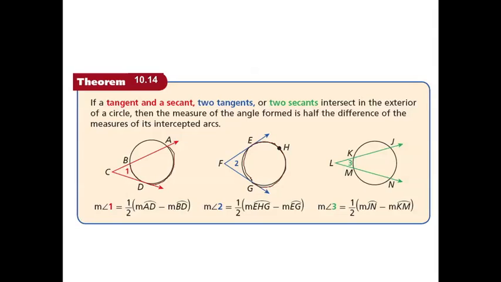So I'm going to have the entire parts of the circle that I'm going to be subtracting and then cutting in half. And then for the last one, it's just going to be two smaller parts, JN, and then I'm going to subtract arc KM. Okay? And in all cases, once I take that difference, then I take half of that value.